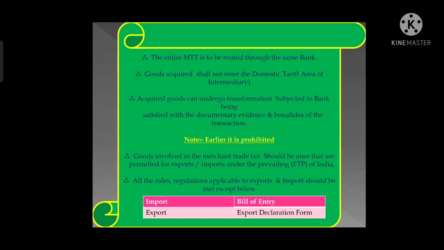In the same way, the merchanter is not required to submit the EDF or the shipping bill in the export case. The merchanter is exempted from submitting the bill of entry for import and the EDF or shipping bill for export. Rest of the documents need to be submitted as per the FTP, right?